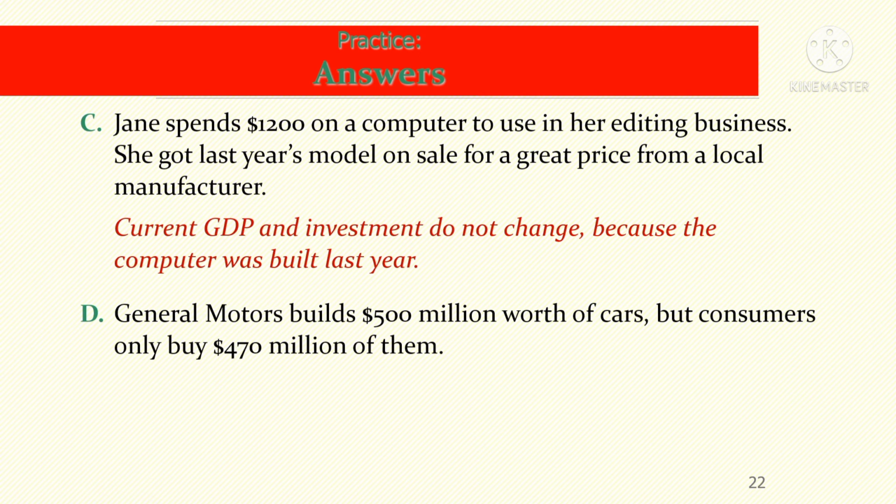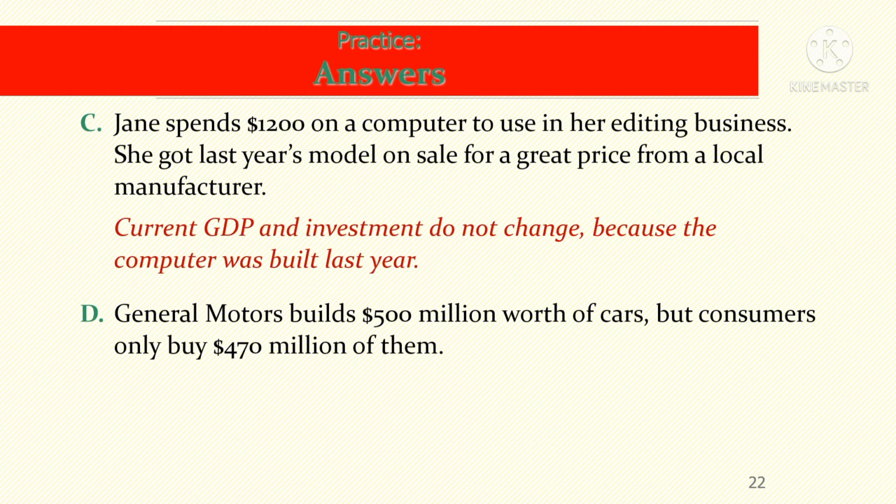Next situation, General Motors builds $500 million worth of cars, but consumers only buy $470 million of them. So, letter D, merong unsold output. And ano yung tawag sa unsold output? That is inventory investment.